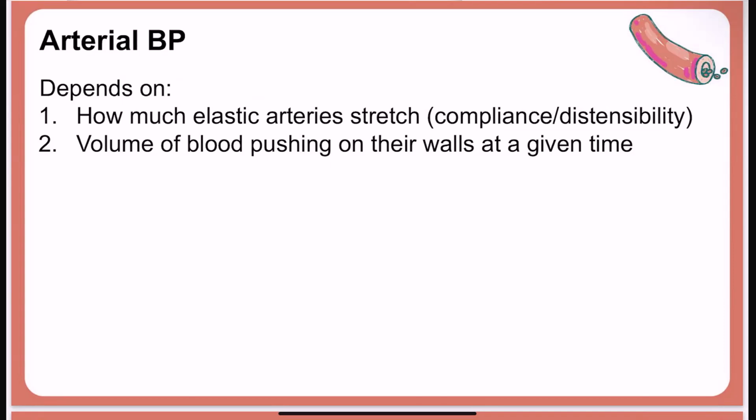And the other thing is how much volume of blood is there at any one time? If there's more volume, then we would expect more pressure because it's more stuff to push on the walls of that vessel. And we usually report our arterial blood pressures in terms of a fraction.